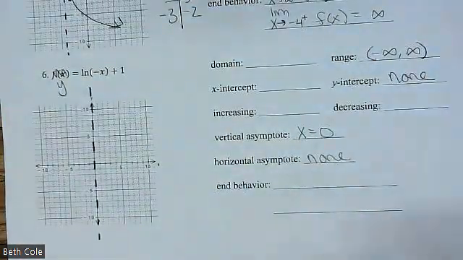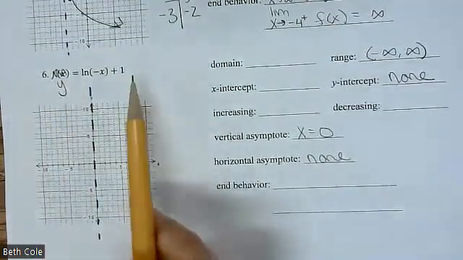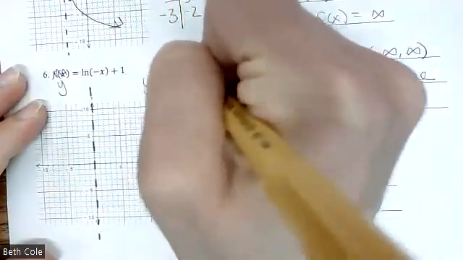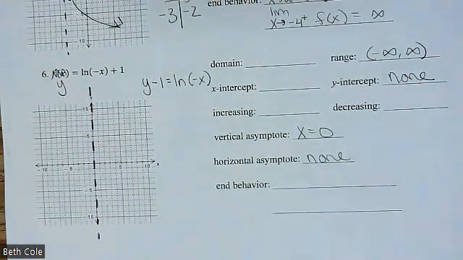All right, we're going to rearrange this so that it's x equals instead of y equals. We're not stuck yet. What would you move over first? Minus 1. So y minus 1 equals ln negative x. Then you're stuck. What's the question? What is the base? Bless you.